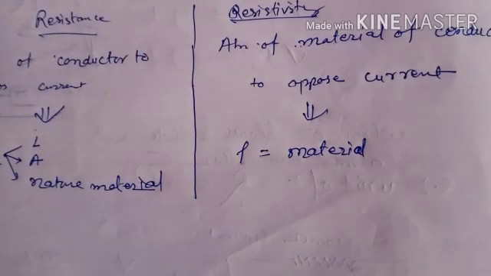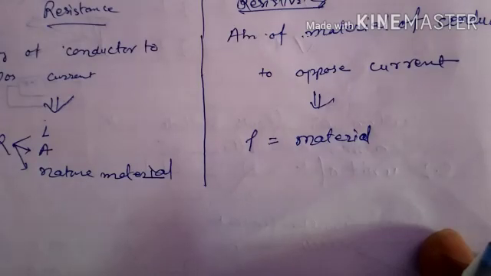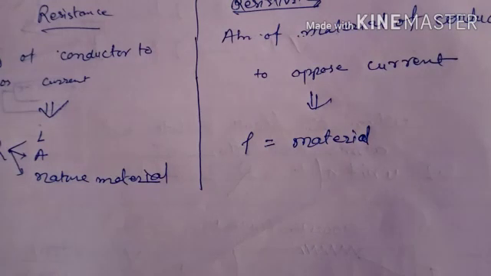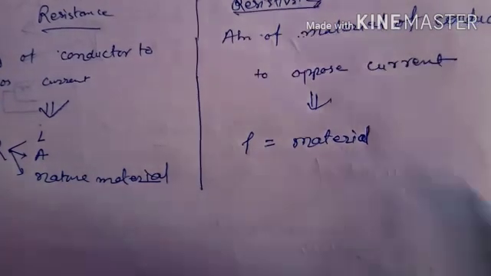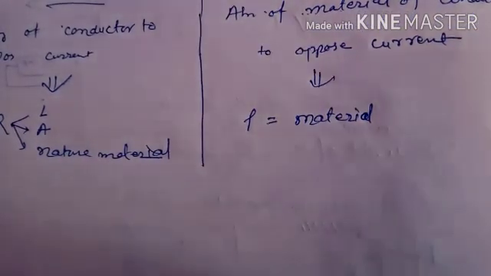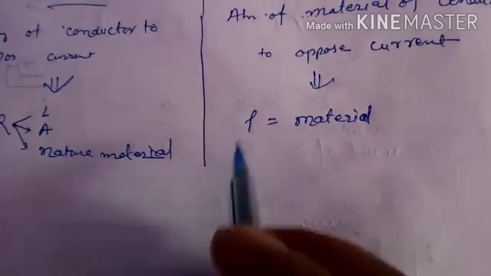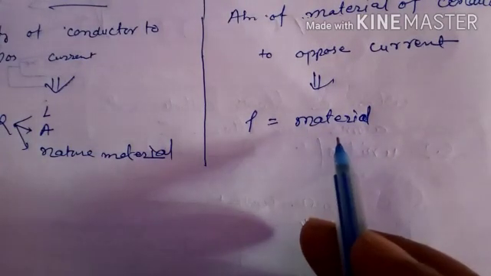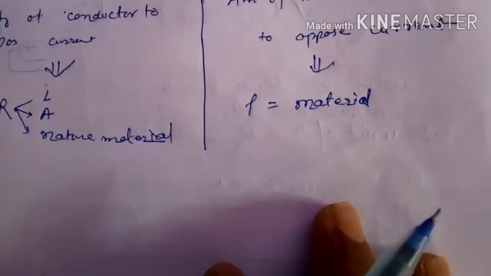So for example, silver: suppose we want to conduct electricity properly, in the maximum optimum amount, in that case silver is used. Why? Because the opposing property of silver is very less. So the resistivity of silver is very less.